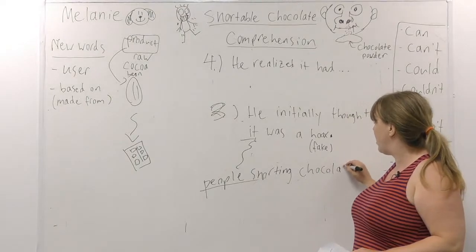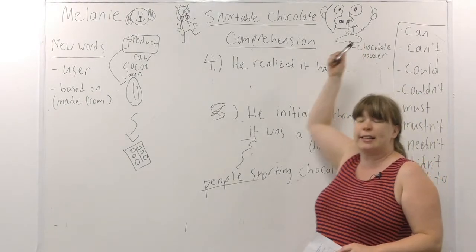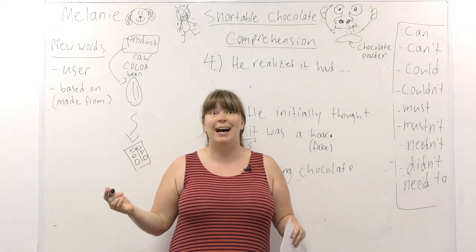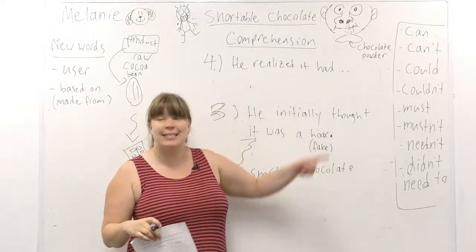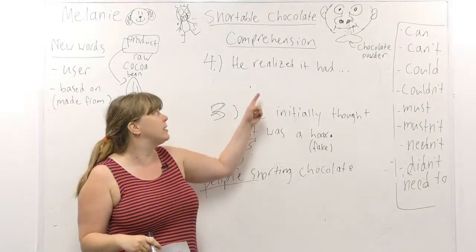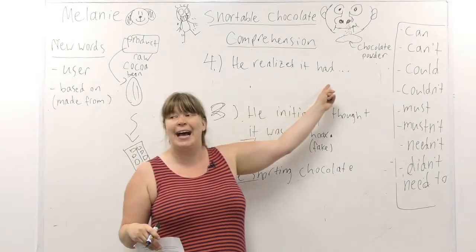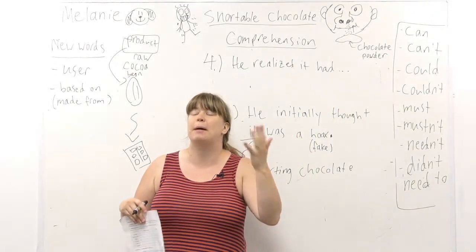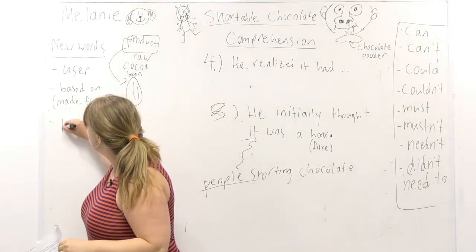So, yeah, he thought people snorting chocolate was fake. He thought it was a hoax. But then he tried it. He tried it and he realized it had some kind of prospects, some potential.